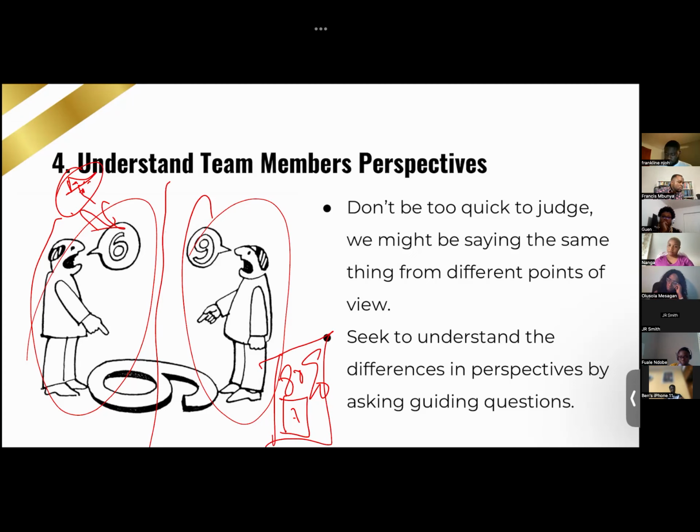And how do you do that? Powerful questions. Understand them, listen, take note. And then by the time you speak, you're giving their word back to them. It makes them understand you because you're giving their language back to them. This is also a very powerful concept in sales.